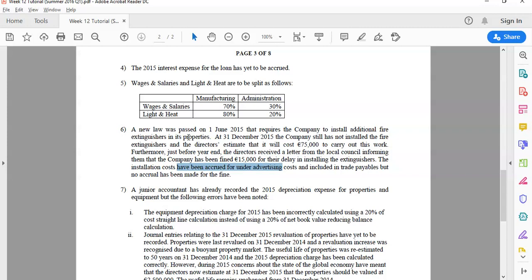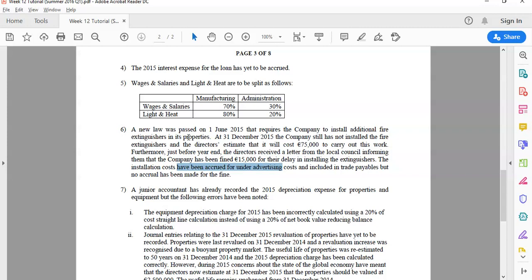Now that is tricky. You might think, oh, that's very nuanced and very tricky detail to look at, but that's a well-known example in IAS 37. That 75,000 does not become a provision, even though you have a law requiring it, until you sign up to some fire extinguisher supplier and have a legal contract to pay them 75 to get the extinguishers.